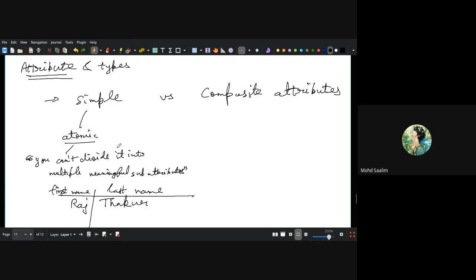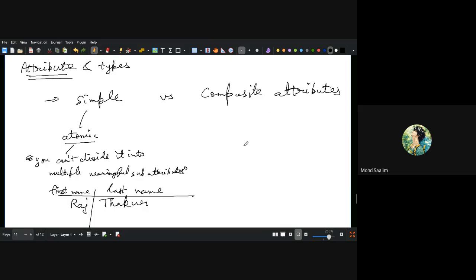So these type of attributes are simple attributes. But when we talk about composite attributes, they are, as the name suggests, those type of attributes that contain multiple information, multiple sub attributes inside them, and you can divide them further. Okay, so whatever I had written here in this line, the opposite of that, if you change this can't with can, then the definition of composite attribute will be formed.